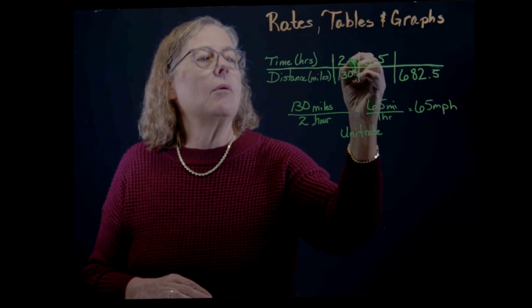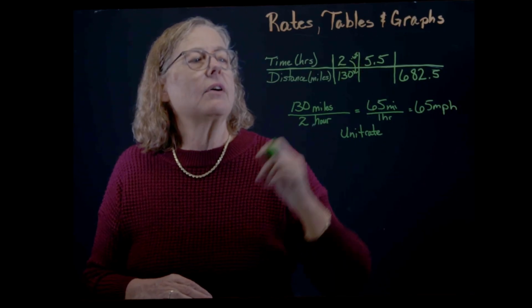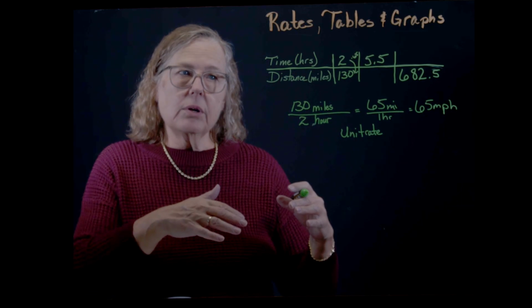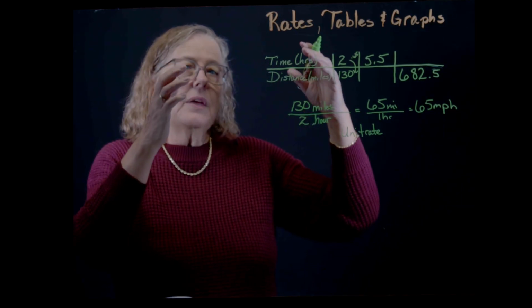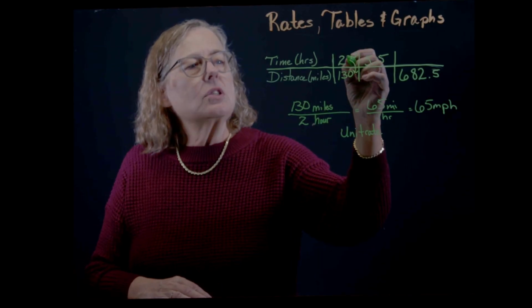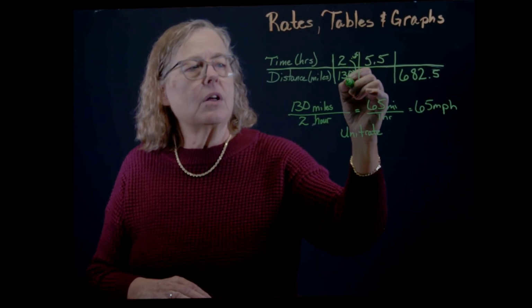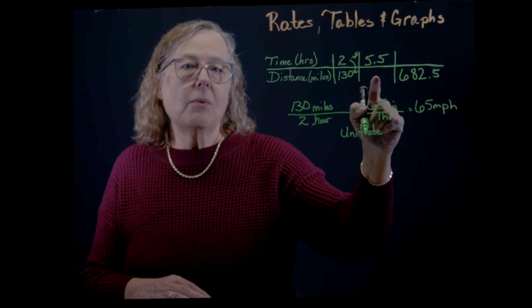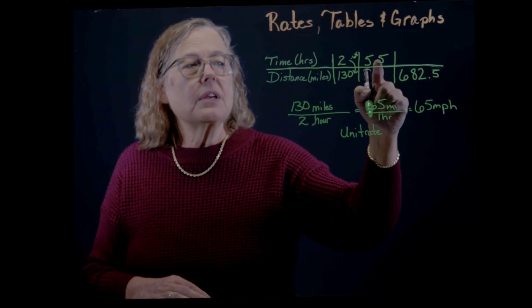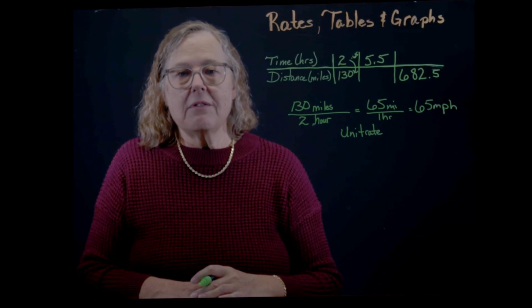Good job. That makes sense. I'm going from a smaller number to a bigger number. It's my time times my miles per hour. Okay, so if I multiplied 2 times 65 to get 130, can you figure out what goes in this spot here? After 5.5 hours, how many miles did I drive?